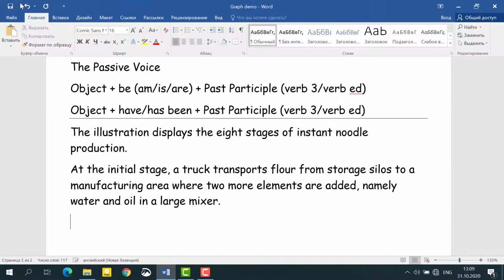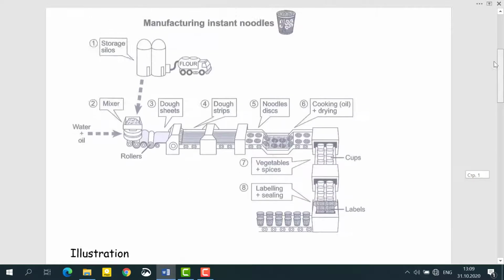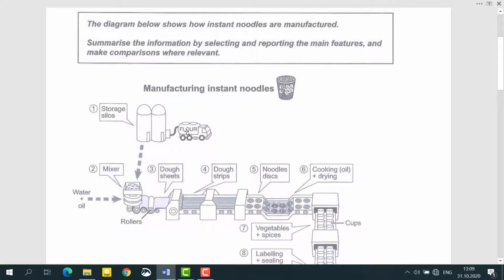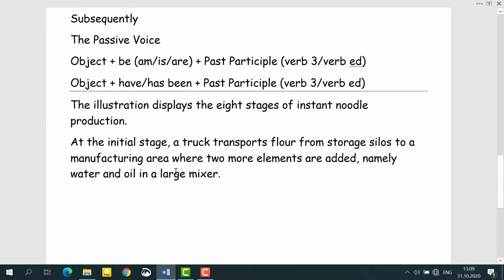Here I'm using the phrase in the initial stage, which basically means at the very beginning of the process. A truck transports flour from storage silos. Just look at this carefully. Here we have a truck which transports what? Flour from where? From storage silos, and then where? We have to indicate the destination. So here, to a manufacturing area where two more elements are added.